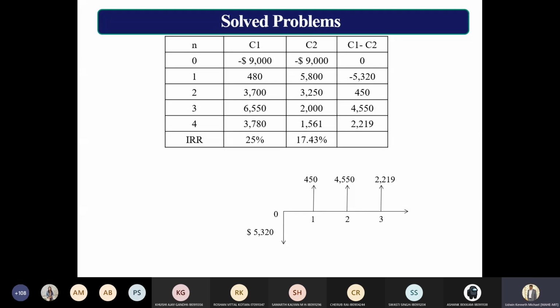So the first year becomes 0 in this particular case. So it is minus 5320, then the returns are 450, 4450, 2219. So return value changes. Instead of 4 years, the life becomes only 3 years.